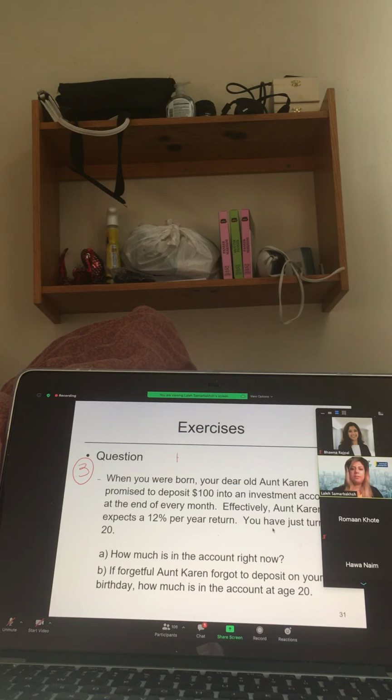So from 0 to 20, she has deposited $100 for you, and Karen expects a 12% rate of return. So the rate that you're dealing with is also 12%.